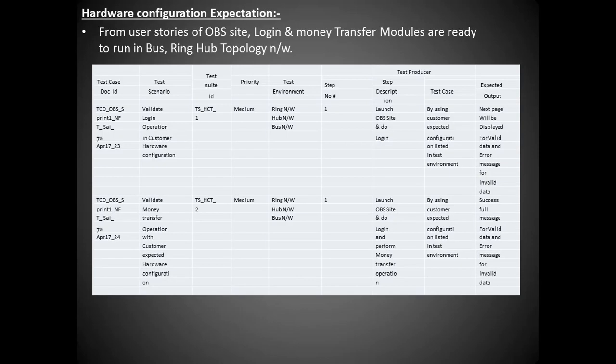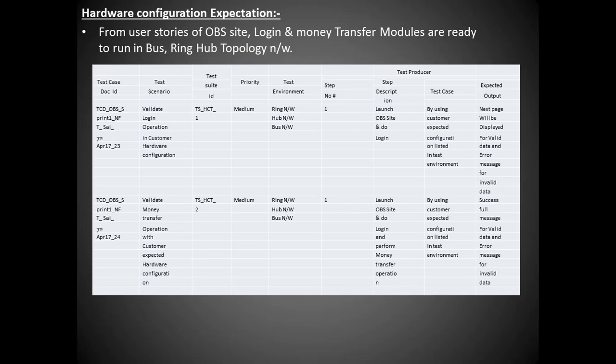Next one is the hardware configuration. From the user stories of the online banking site, the login and money transfer modules are ready to run in bus, ring, or hub topology. We are going to follow this in these types of networks.